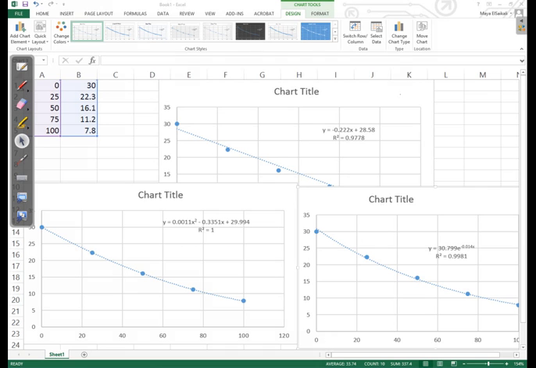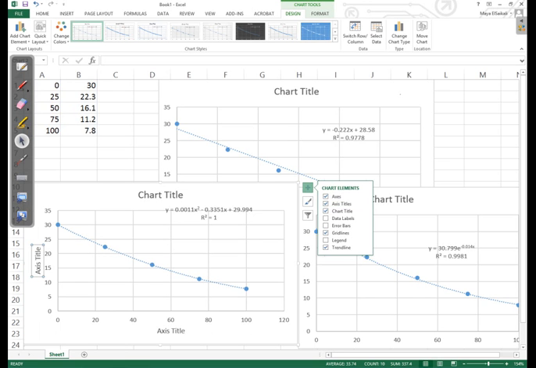You're going to have to make sure that you include a chart title, don't forget that, and the axis titles. This is going to be time in seconds, and this is going to be water level in centimeters.